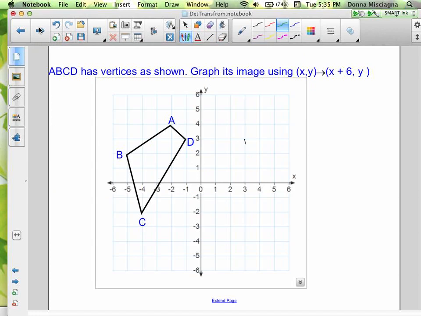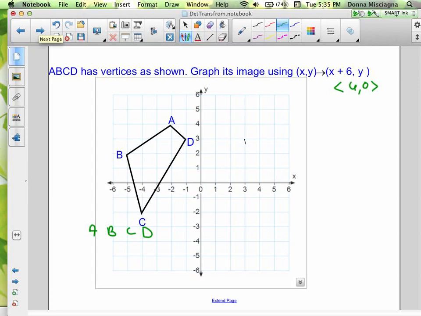All right, so ABCD has vertices as shown. We're going to graph its image using (x, y) goes to (x + 6, y). And so that is the vector <6, 0>. There we go. All right, so we're going to put A, B, C, D. We're going to write those down.